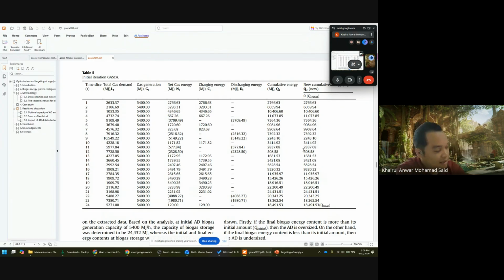Now the iteration. Initial, then another one, and the last one is 737.